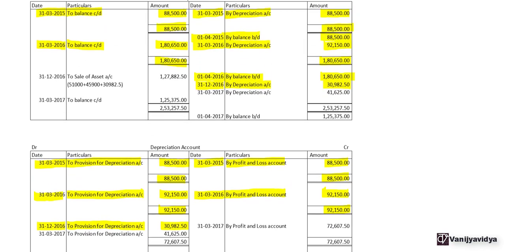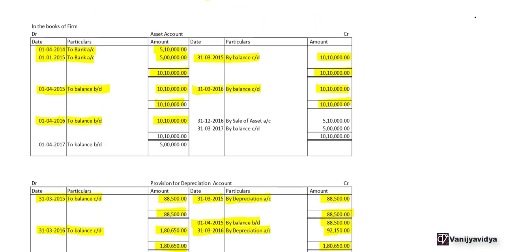Now, we need to transfer the cost of asset from the asset account to the sale of asset account. So we already know that the cost of asset is 5,10,000. The asset which was sold on 31st December 2016 was purchased on 1st April 2014.